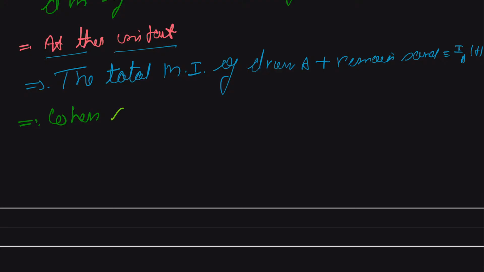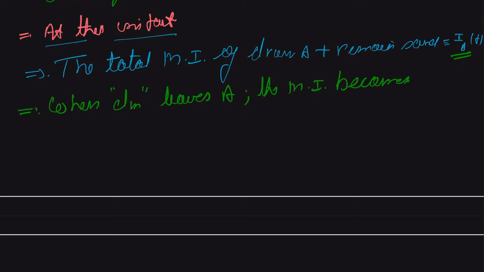So we can say when dm leaves A, the moment of inertia becomes, so its initial moment of inertia was IA of t, and the new moment of inertia will be equal to IA of t minus the mass which moved times its radius squared.